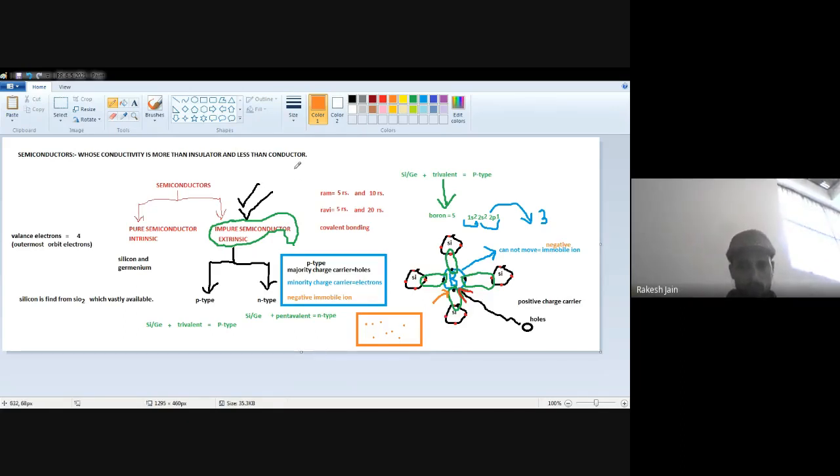Holes are shown by small circles. But holes are the majority carrier, so you should draw a larger number of holes.